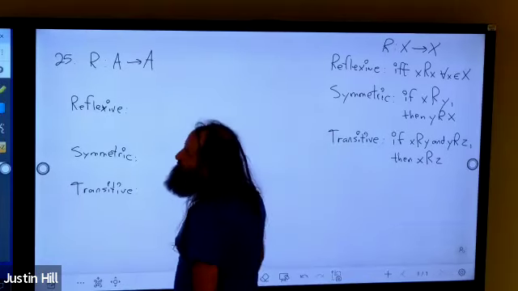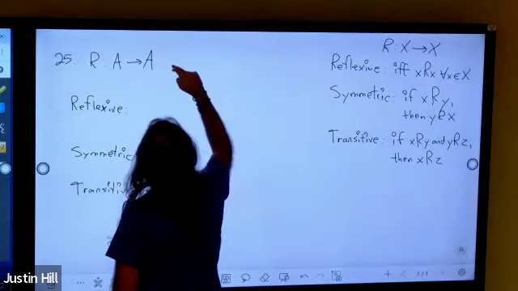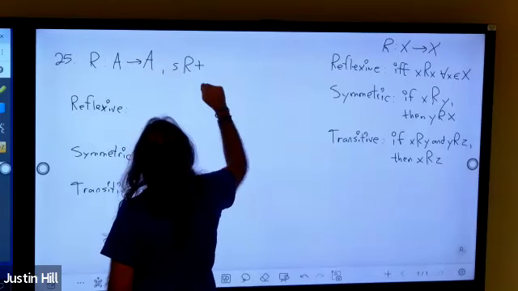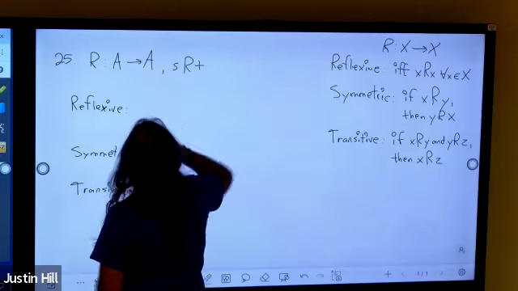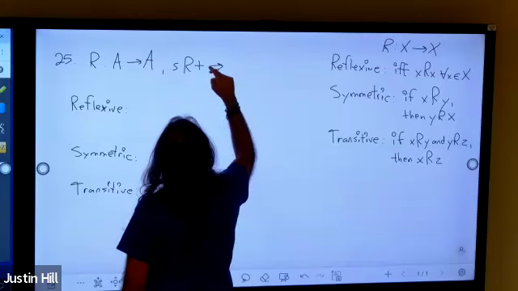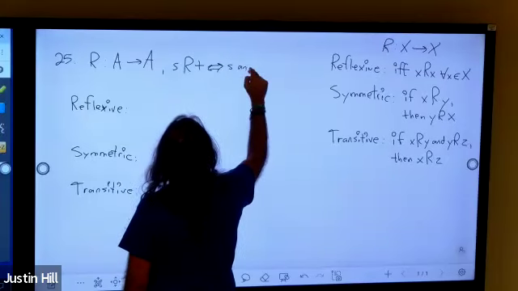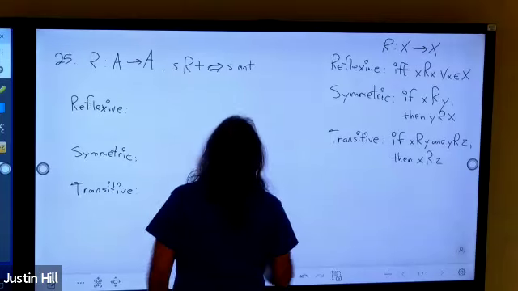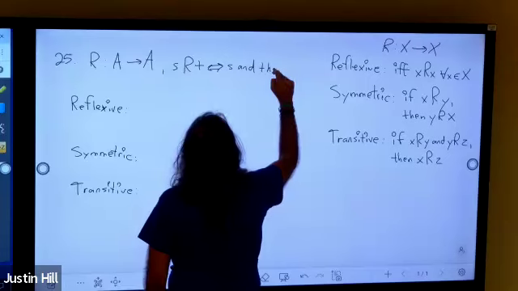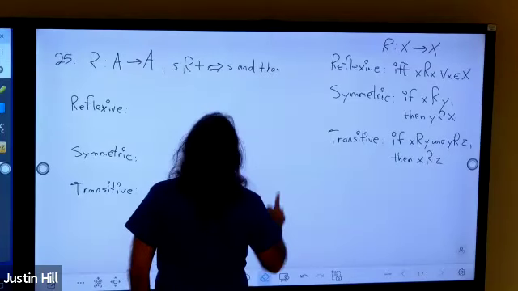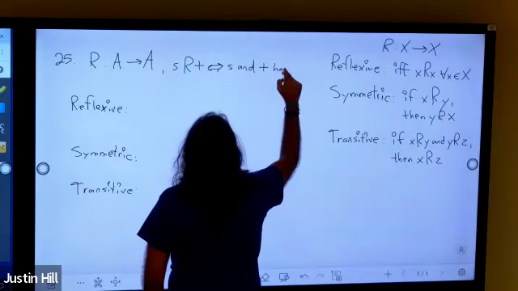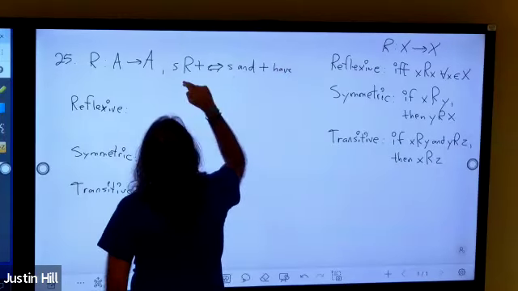For any two strings of length 4 in A, S is related to T if and only if S and T have the same first two characters.